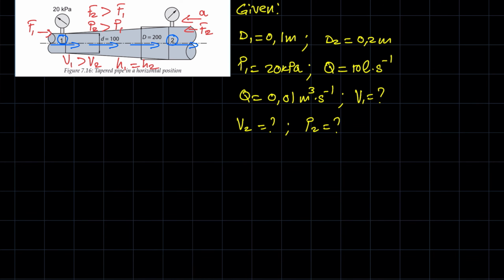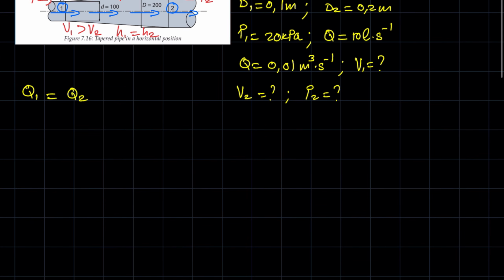Right now, the problem we're looking at, we've been given Q, and Q is equal throughout the fluid's motion, meaning that the Q at 1 is equal to the Q at 2. So the Q is constant, meaning that we can use the same Q to calculate the V at section 1 and the V at section 2.